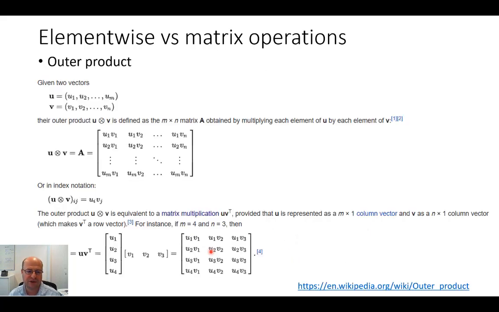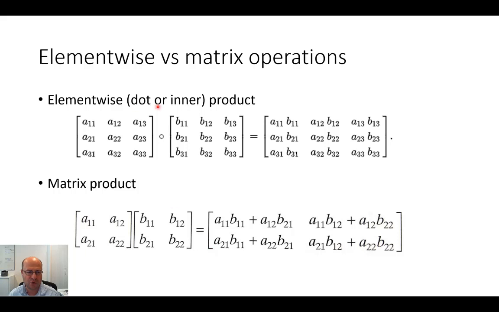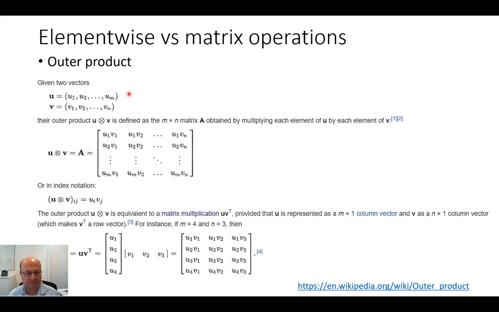And there is the outer product. So there are 3 products that we use in image processing: element-wise is the most common, matrix product, and the outer product. Usually when you see the outer product, they use this symbol here.